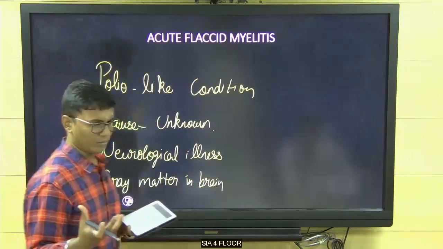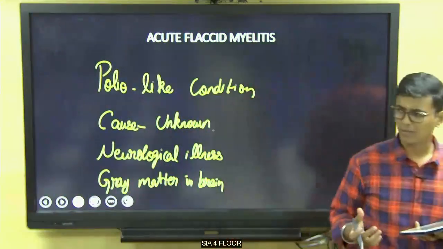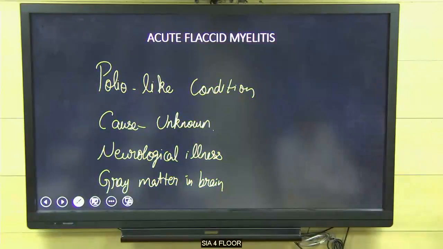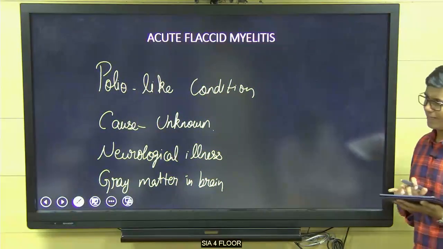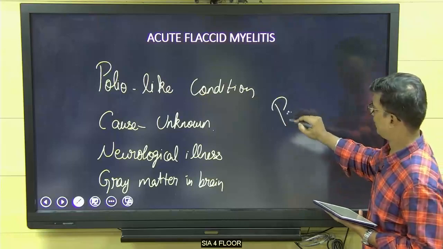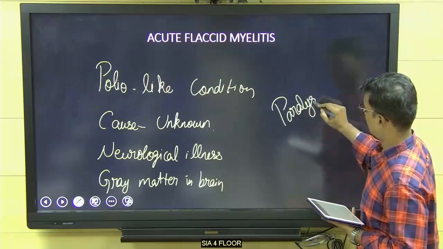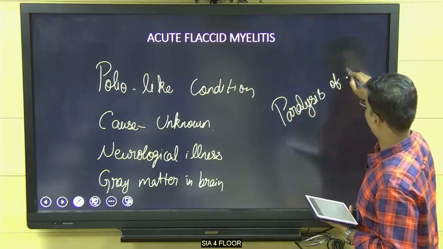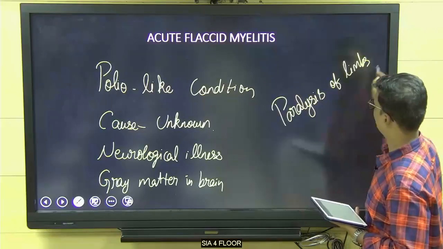Gray matter is a fluid-like mass in the brain, and it is affected because of acute flaccid myelitis. It leads to weakness and paralysis of limbs.